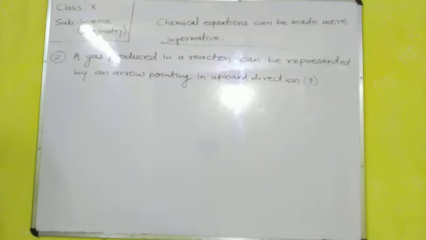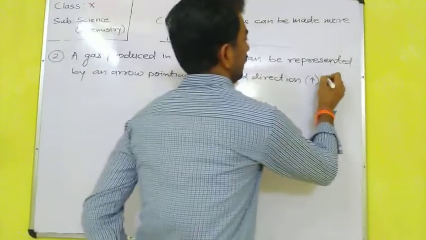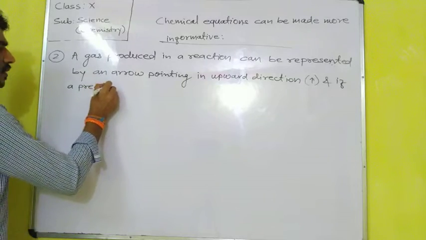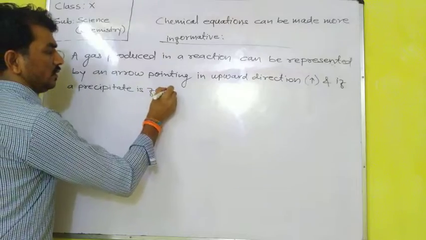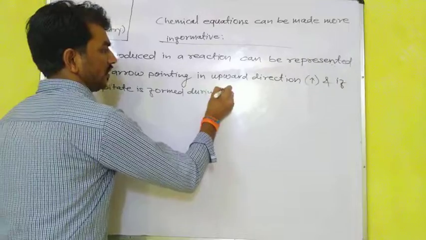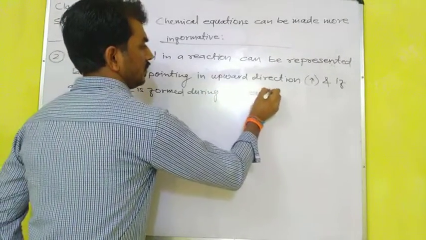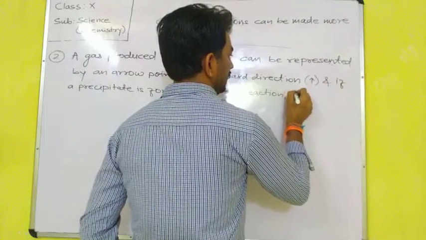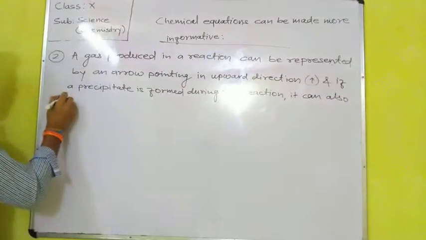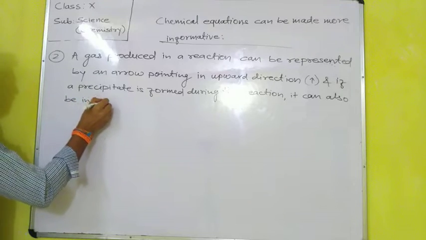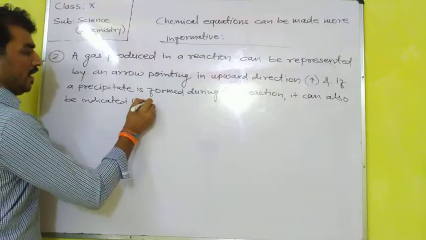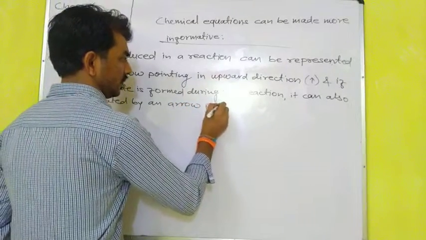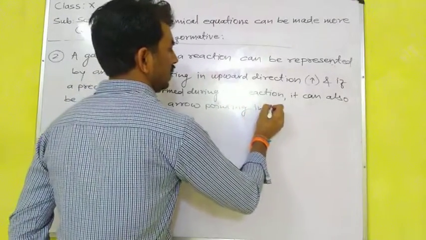And if a precipitate is formed in the reaction, an insoluble substance, if a precipitate is formed during the reaction, it can also be indicated by an arrow pointing in a downward direction.